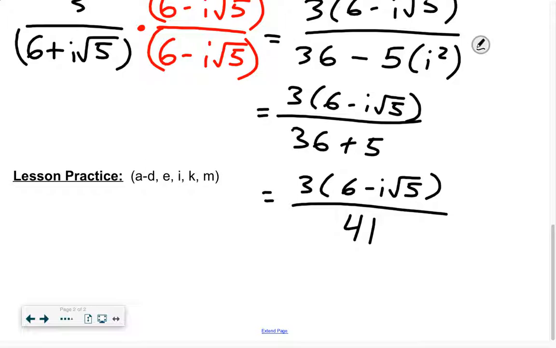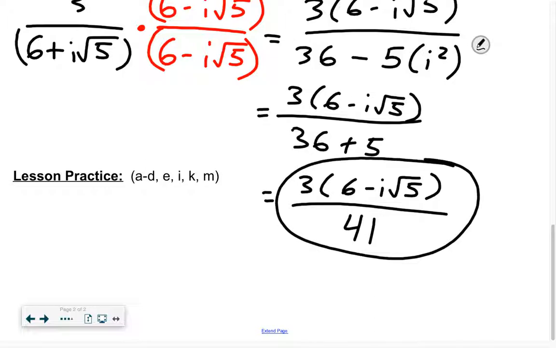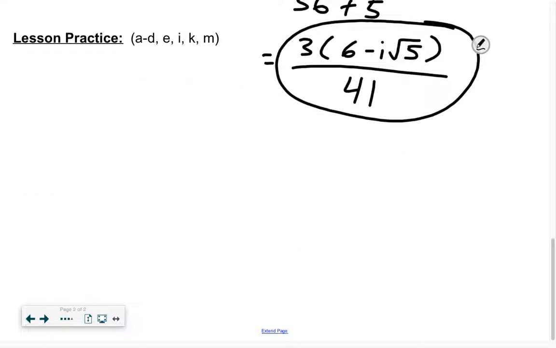41 is prime, therefore we know it's not going to reduce. Just so you're aware, you could write it like this too, if we distribute.